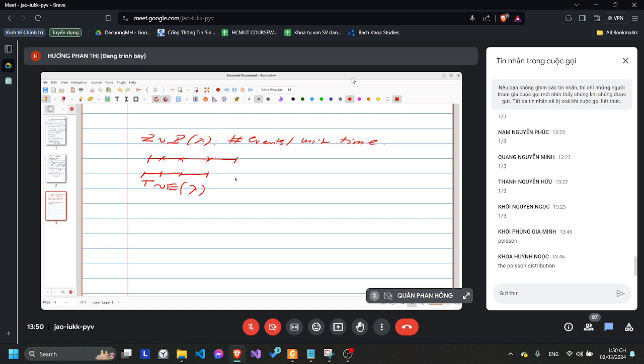Moreover, the exponential distribution has the same parameter lambda as the Poisson distribution. They are sharing the same parameter lambda, and lambda always indicates the number of events per unit. That's the relationship between the Poisson and exponential.